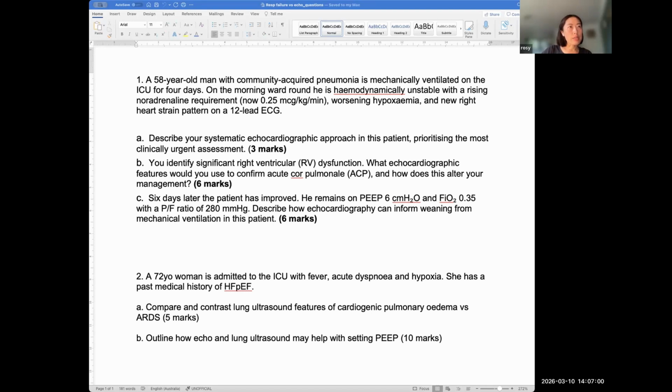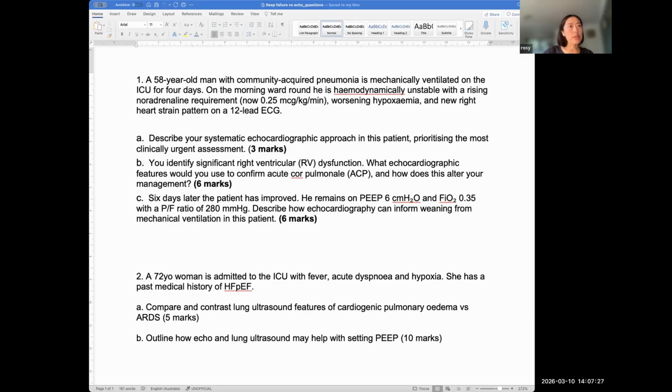Pulse wave Doppler, RVOT VTI notching, acceleration time less than 90, hepatic vein systolic flattening or reversal, and then also a Vexus, which might be consistent with backward congestion. Continuous wave Doppler, PR jet profile, peak velocity to estimate PASP, and then RV free wall longitudinal strain less than 20-25%.